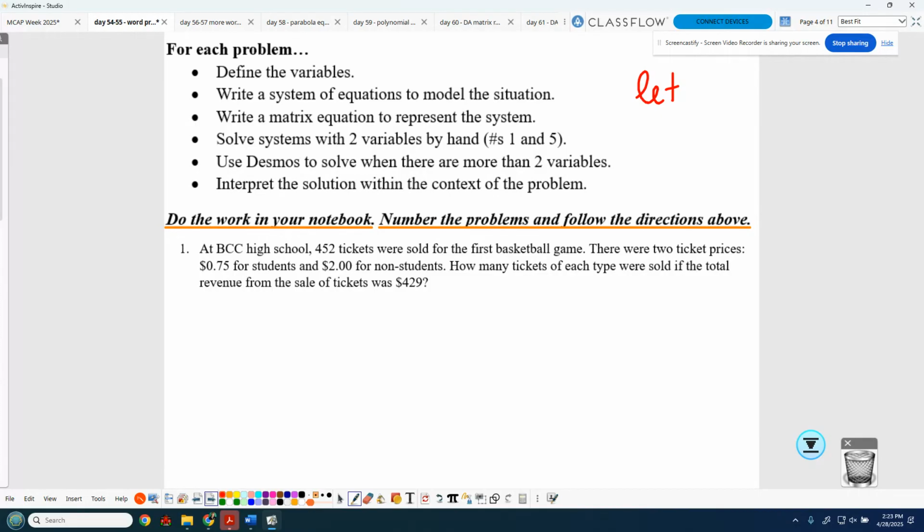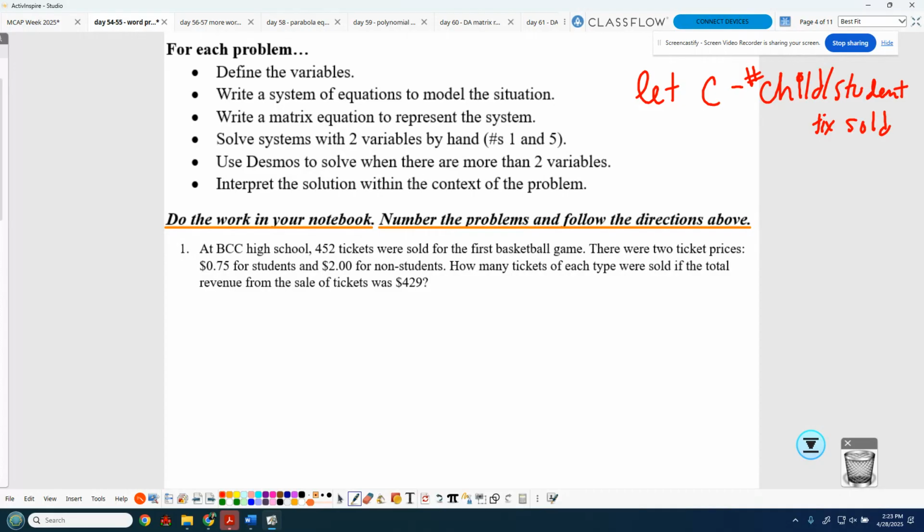S and N. Okay, my S's look like 5, so I'm going to pick a different letter. I'm going to pick C for child, student tickets. So the number of student tickets sold, I'm going to call C.